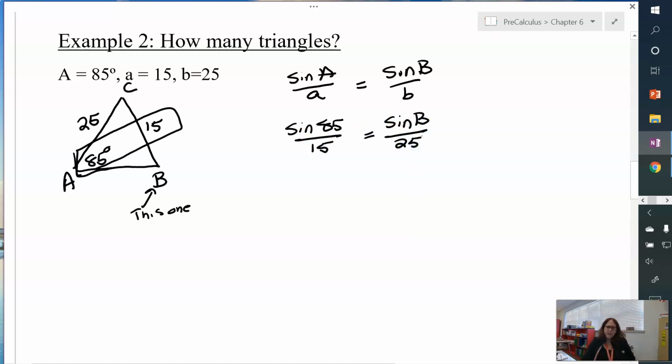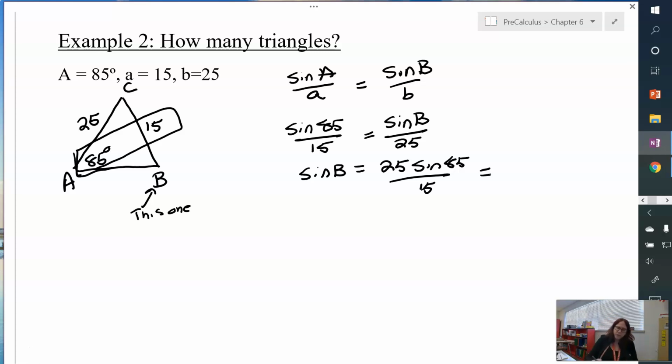And then I'm going to cross multiply. And I get sine of B equals 25 times the sine of 85 divided by 15. And let's see what that is. I got 1.66.